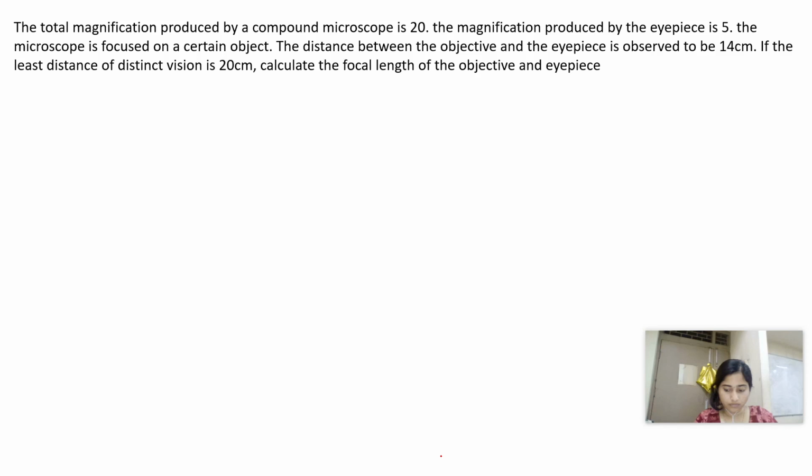The distance between the objective and the eyepiece is observed to be 14 centimeter. If the least distance of distinct vision is 20 centimeter, calculate the focal length of the objective and eyepiece. It is a very easy problem but a little bit lengthy. So let us draw first.